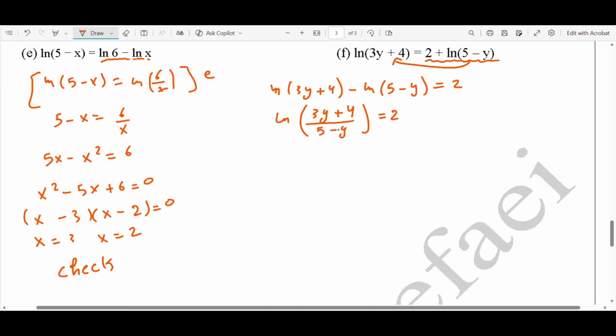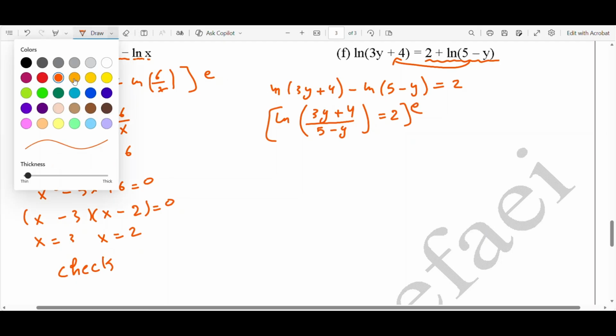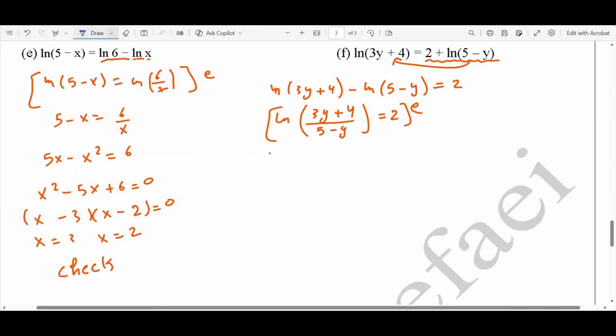I have one term left of the equivalency, one term right. I'm going to multiply by e. So (3y + 4)/(5 - y) = e².